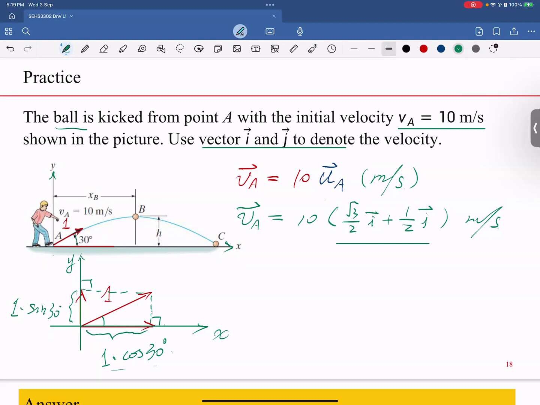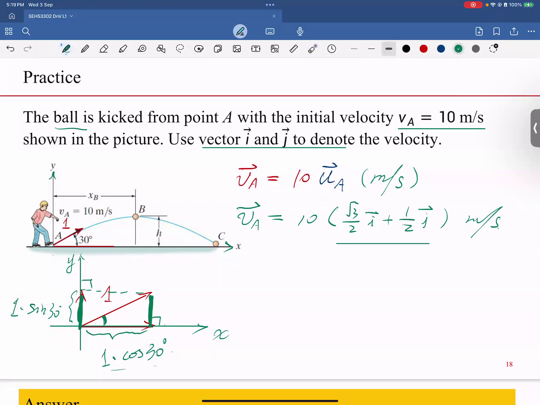Because this angle is the same as this one, right? So this is the opposite. I mean, this side is the opposite to this angle. For the opposite side, we use sine, right?